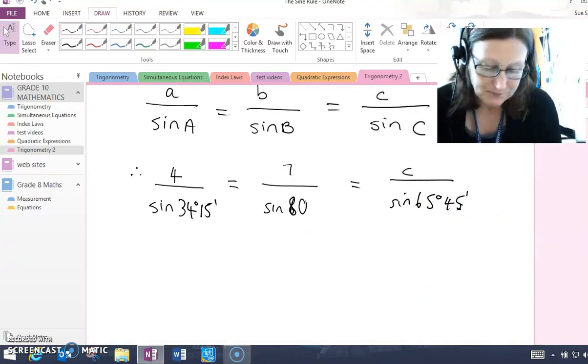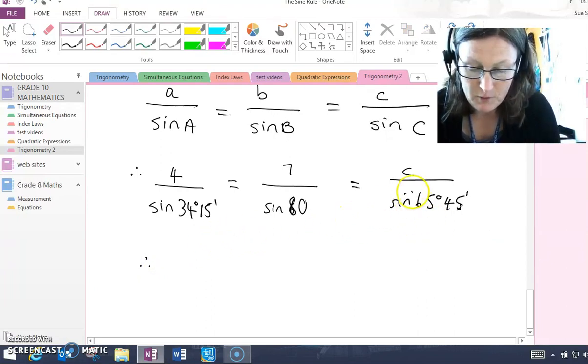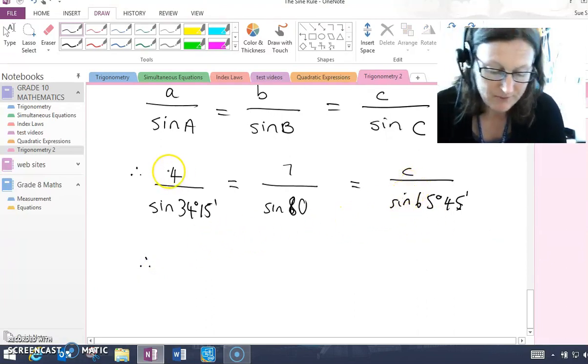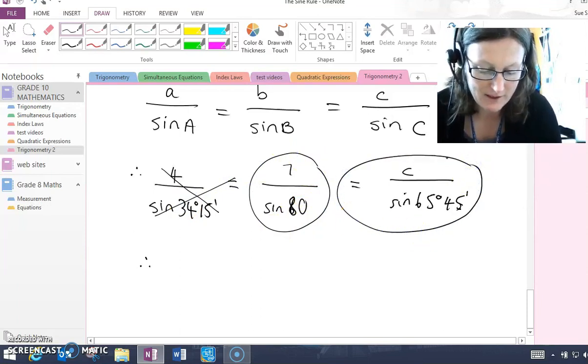From this, I don't need all of these. I'm trying to find side C, so just using this and this is enough to help me find side C.